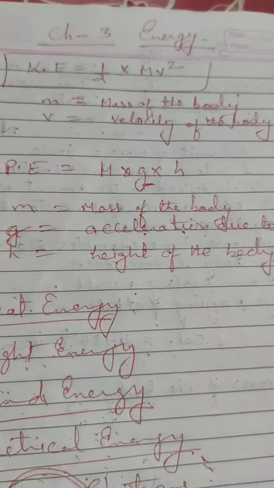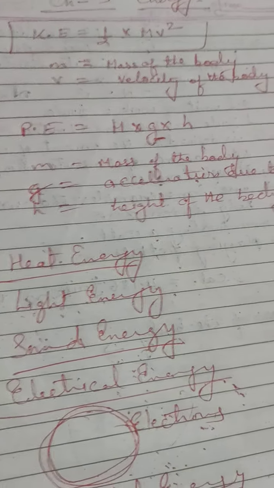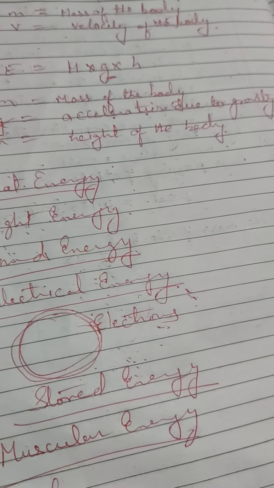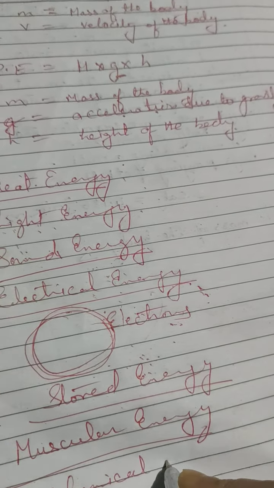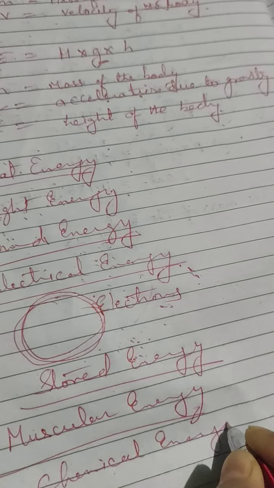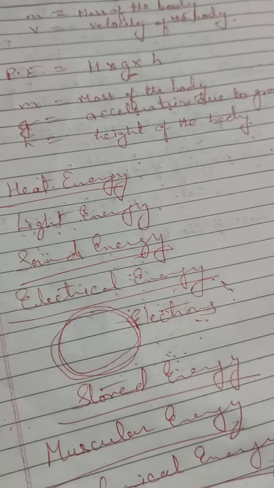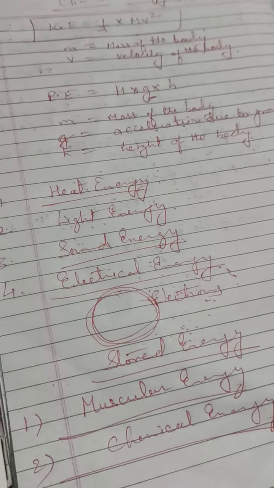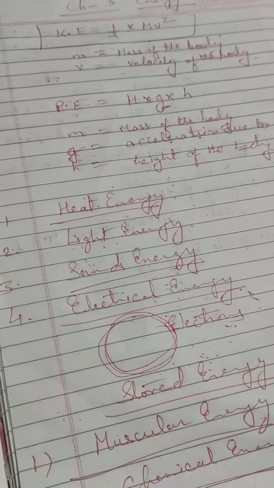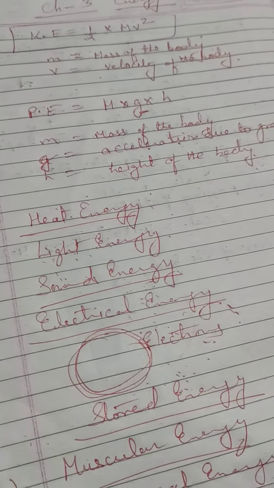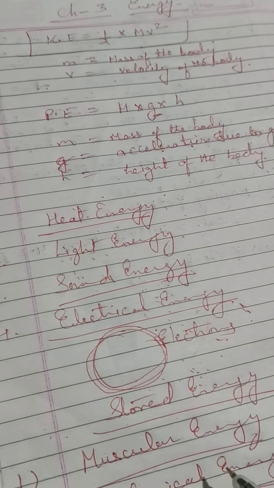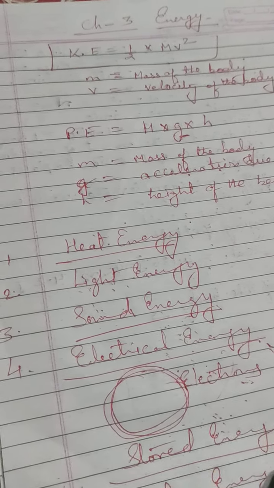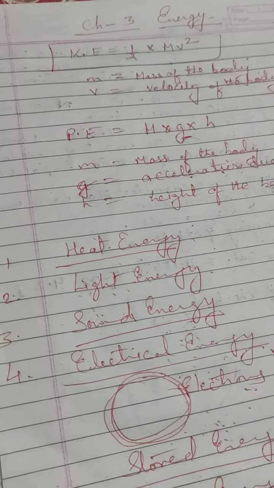Now, second type is chemical energy. Chemical energy, can you give an example? Many examples are there. You can see in your surroundings, and at home also we are using battery, inverter. That is a stored energy in the form of chemical. So, chemical energy refers to the energy that is stored in molecular bonds, the force that holds molecules together.